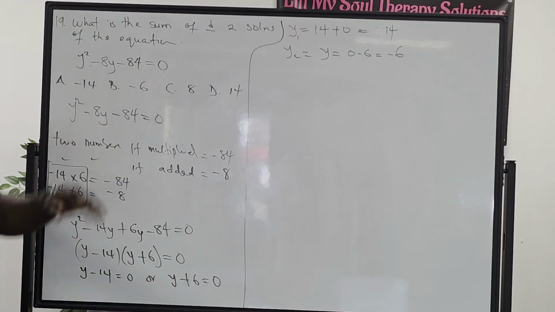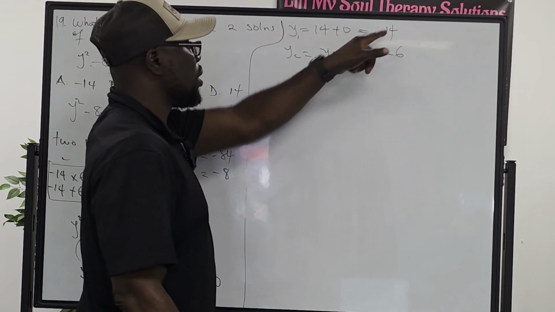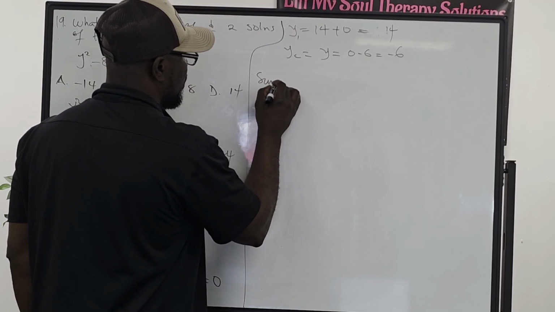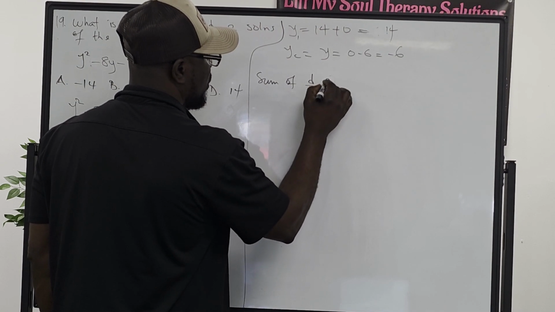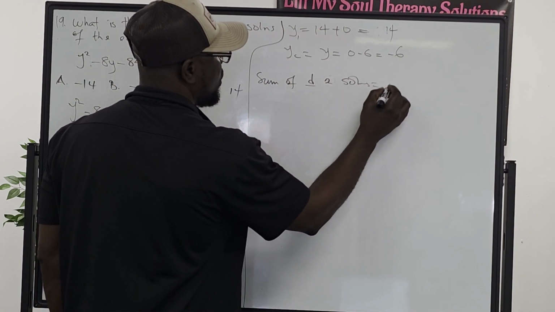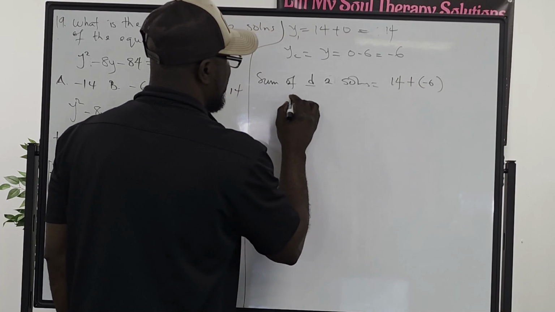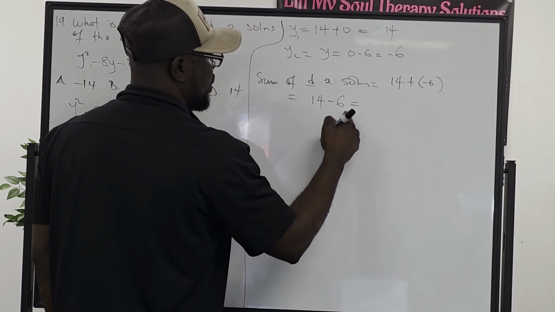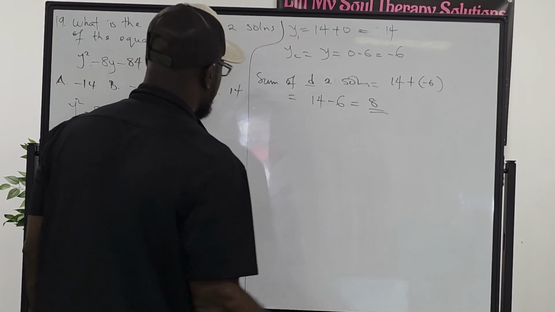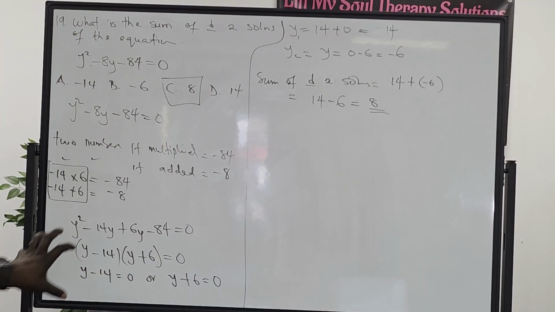So that is the two solutions. They ask, what is the sum of the two solutions? The sum is 14 plus minus 6, which is 14 minus 6, and that is 8. So your answer is 8, which is C. So that's one way you can get the solution.